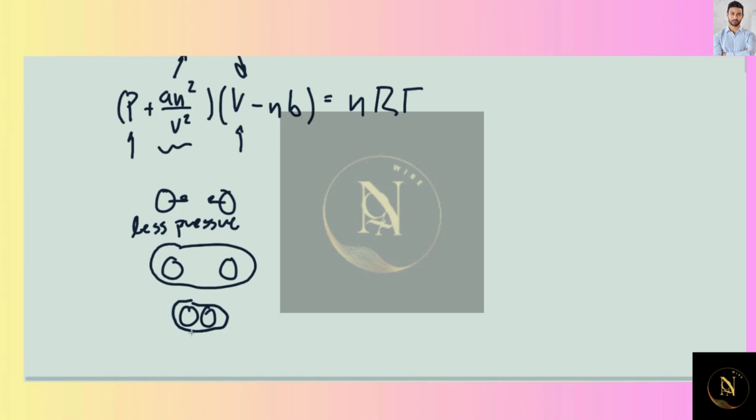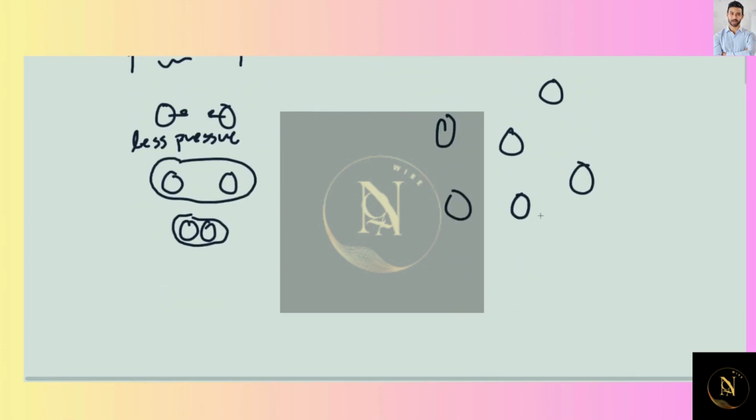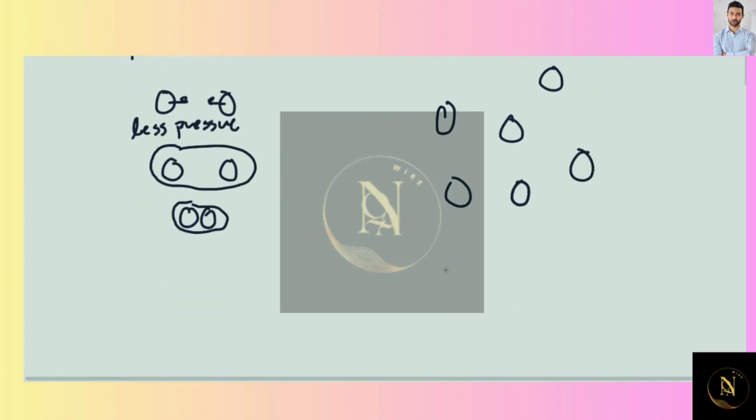You can imagine if you had a bunch of single oxygen atoms floating around, let's say there were 6 of them. That would look pretty different than 3 O2 molecules, which is going to occupy less space.